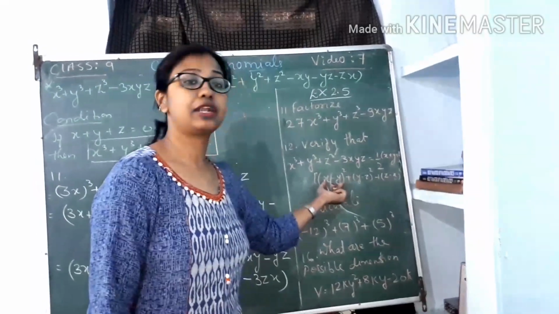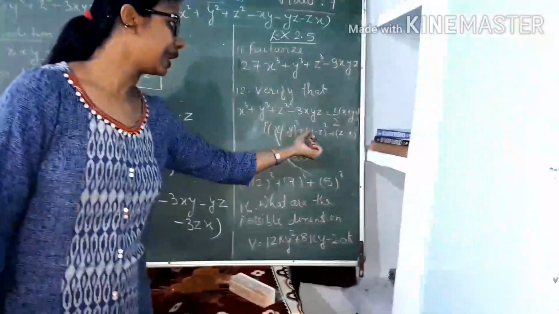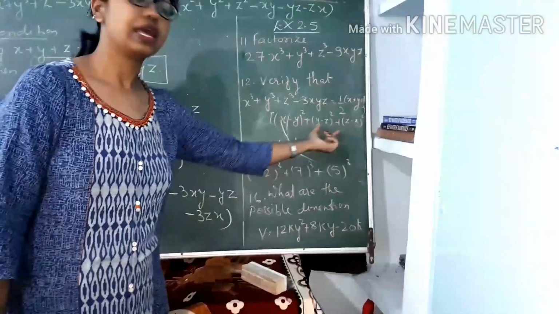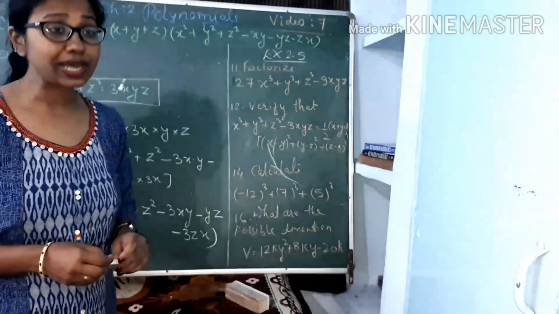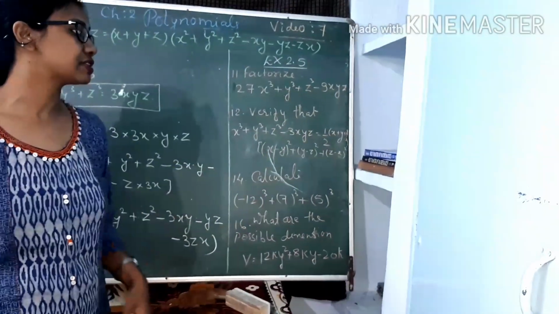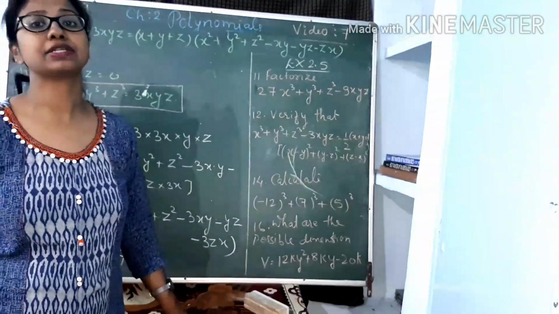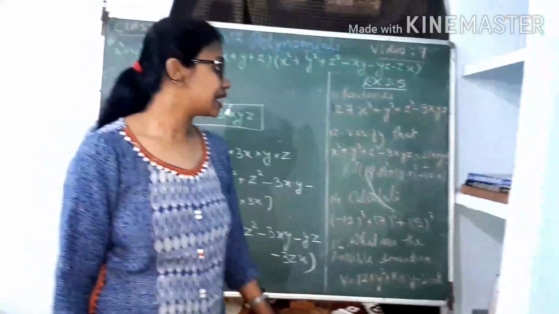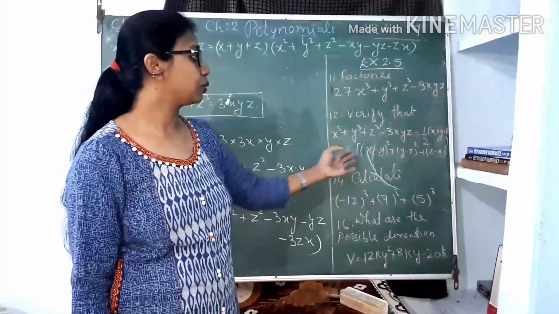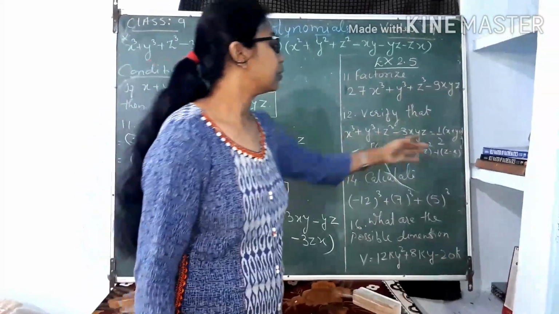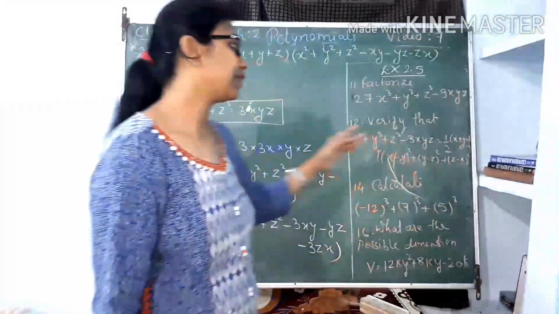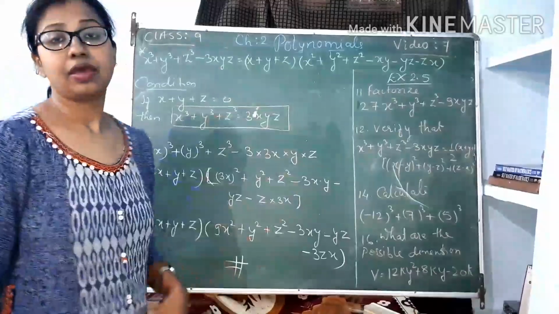You know the identity of a minus b whole square. Apply this here. When you expand it, you will get 2 times x square plus 2 times y square plus 2 times z square. Same way, 2 times everything. So 2 is taken outside, this 2 and that 2 will be cancelled, and you will get the same result.